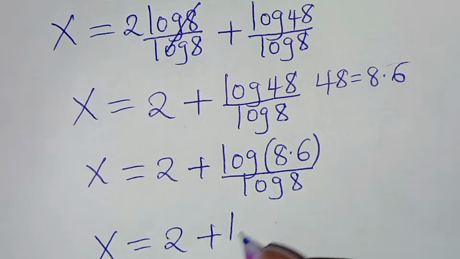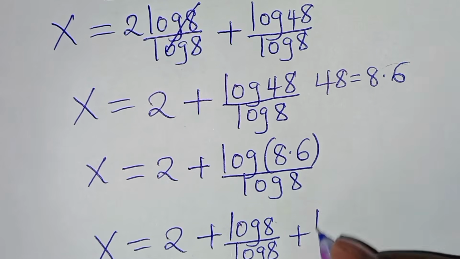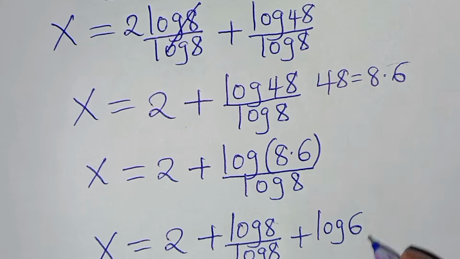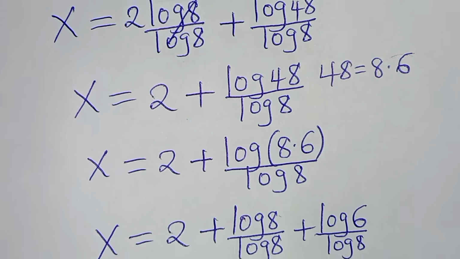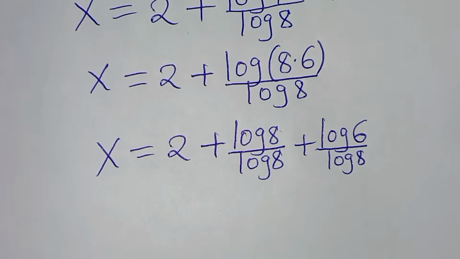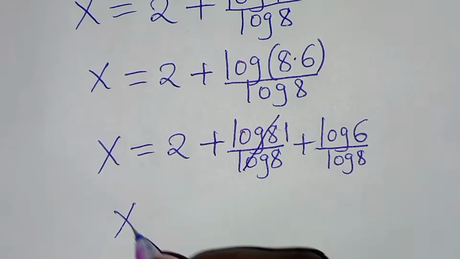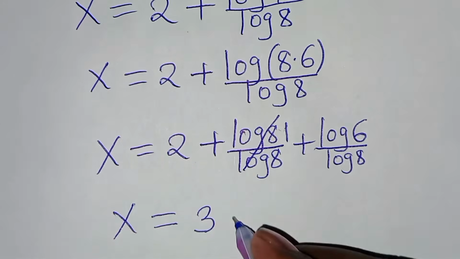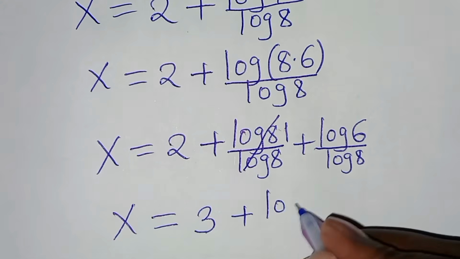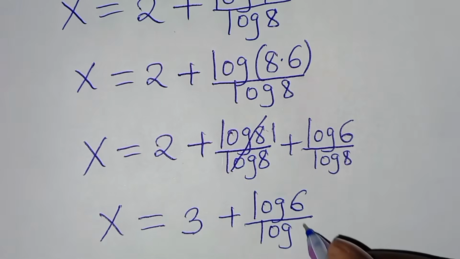So here we'll have log 8 divided by log 8, then plus log 6 divided by log 8. So let's simplify here. Log 8 and log 8 simplify so that now we'll have 2 plus 1, this is 3, plus log 6 divided by log 8.